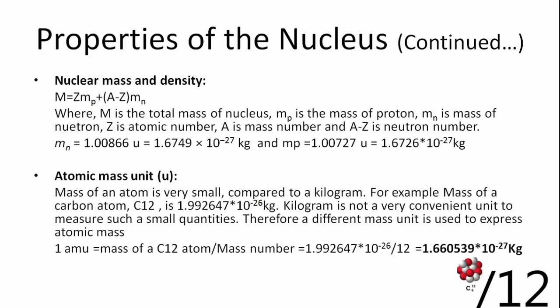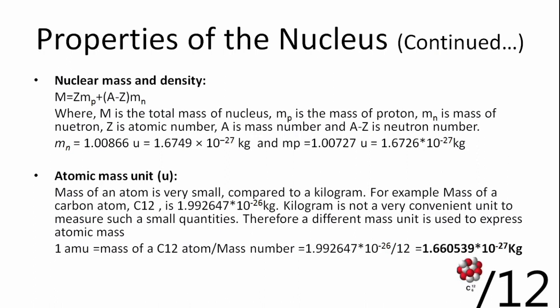But when we express the mass of small atoms and nuclear particles, the kilogram is not a convenient unit to measure such small quantities. So the atomic mass unit is used as a new unit for measurement of mass.